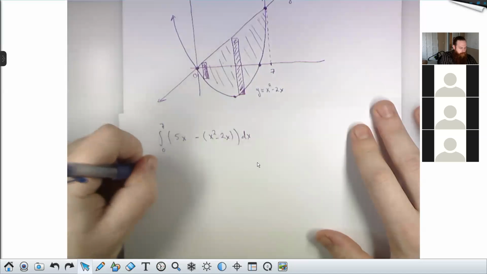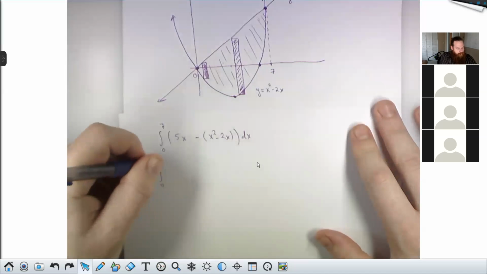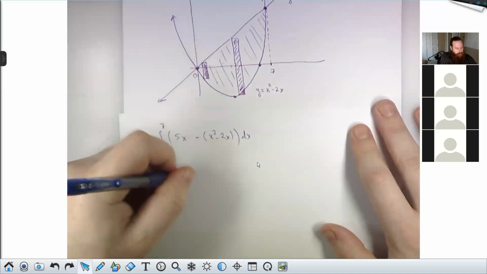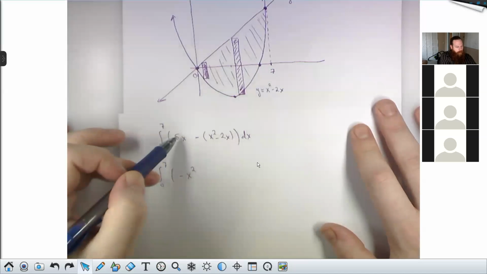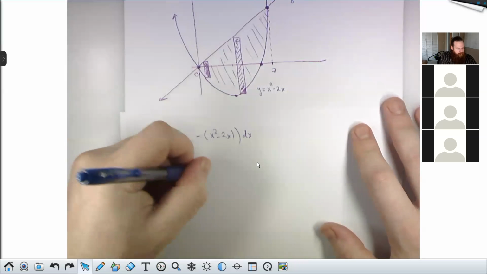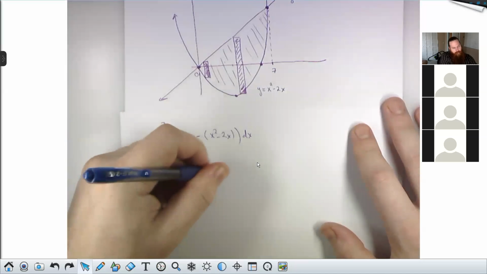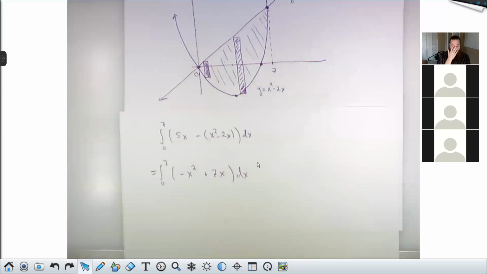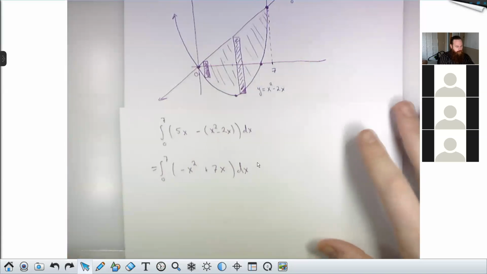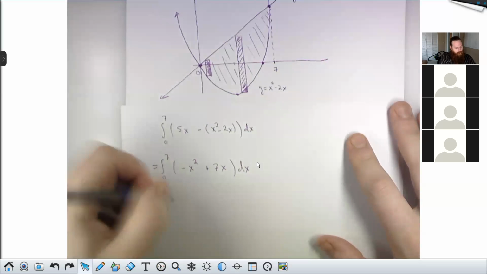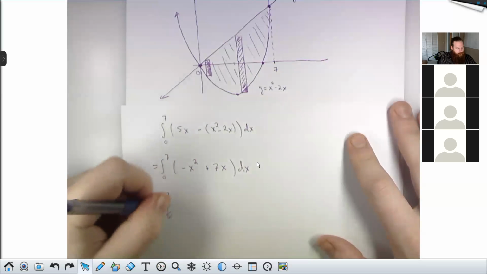If I distribute that negative and combine like terms, I'll have negative x squared, and then 5x minus negative 2x is 5x plus 2x, which is plus 7x. And again, the antiderivative step here just follows from the power rule.